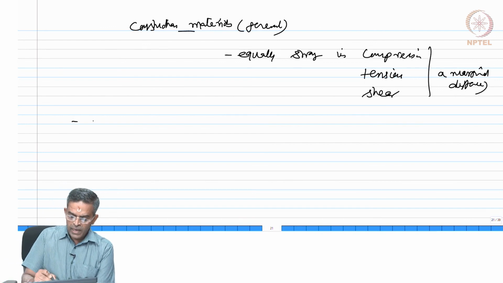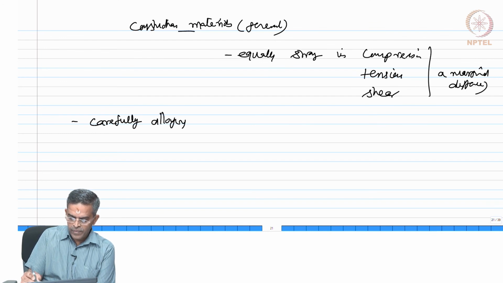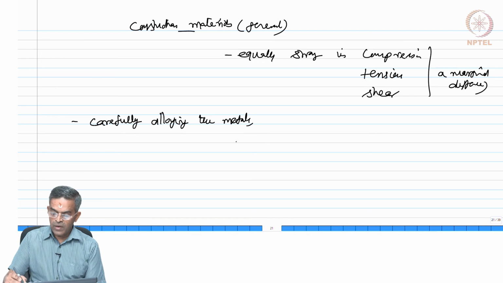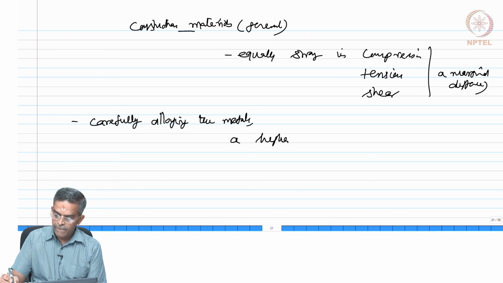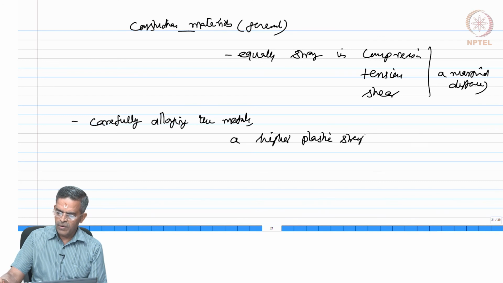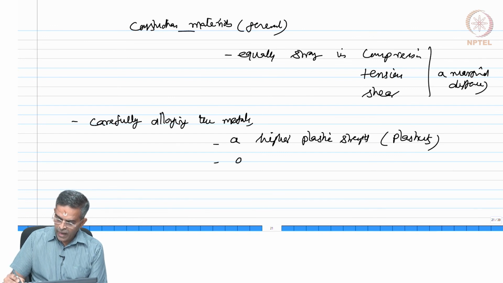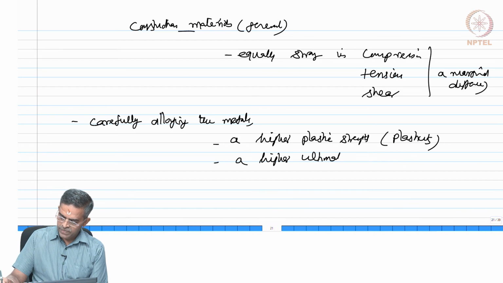Now, by carefully alloying the metals, we can achieve a good or higher plastic strength or plasticity and a higher ultimate strength.